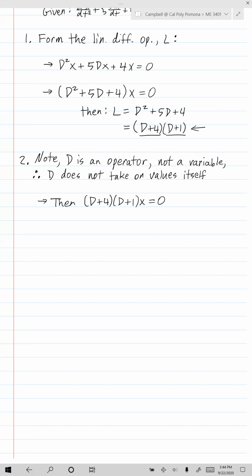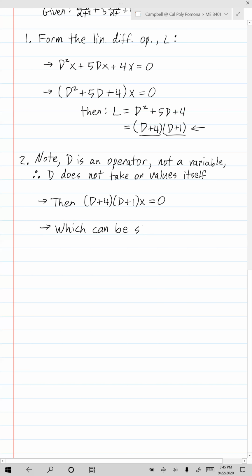And if we set this linear differential operator equal to 0 and found the roots, we would find that they are 2 distinct real roots. But let's look at this particular form of the differential equation in the following way.